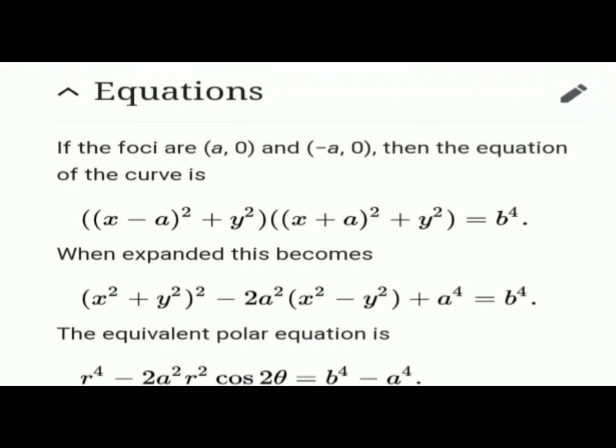When expanded, this becomes (x squared plus y squared) squared minus 2a squared times (x squared minus y squared) plus a raised to 4 is equal to b raised to 4. The equivalent polar equation is r raised to 4 minus 2a squared r squared cos 2 theta is equal to b raised to 4 minus a raised to 4.